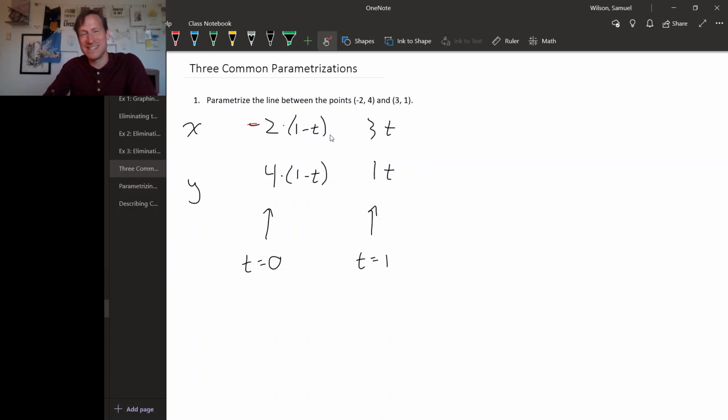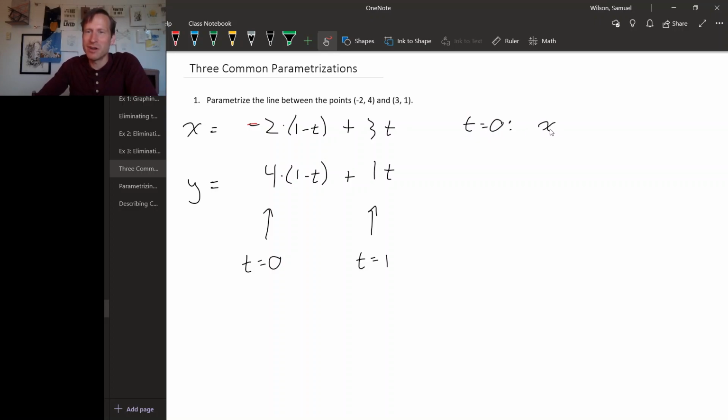Now we just need to combine the old coordinates and the new coordinates, so let's just add them. We think that this is a parameterization that will do what we need. Let's do a quick check by plugging in t equals 0.